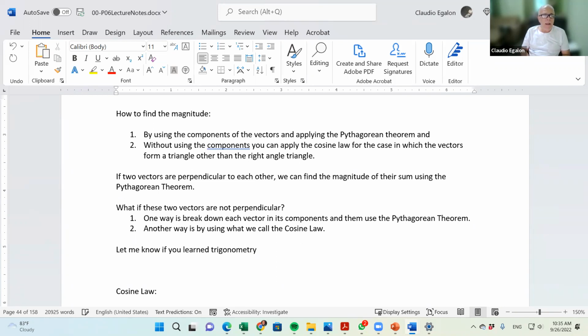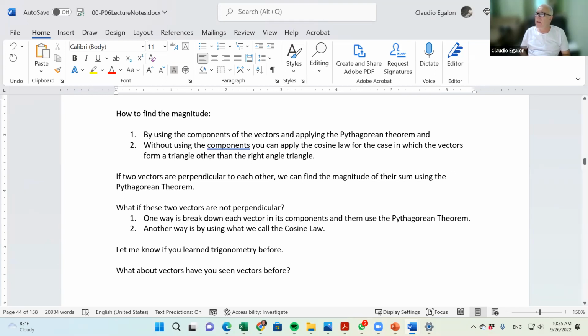And what about vectors? Have you seen vectors before, or is this the first time?